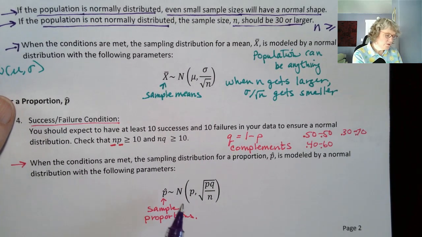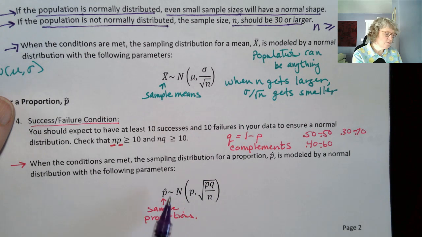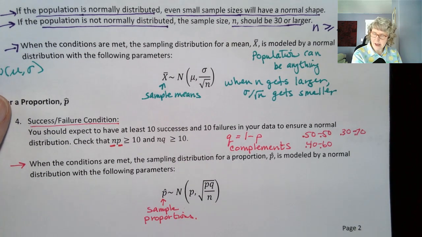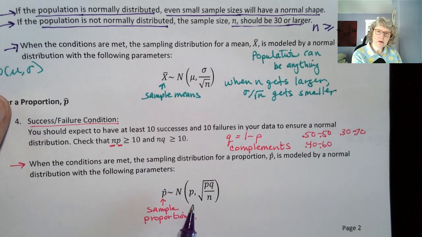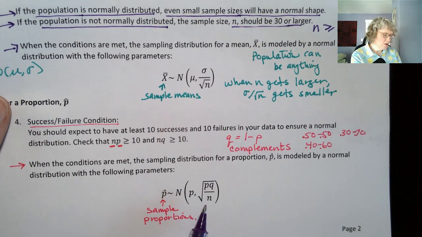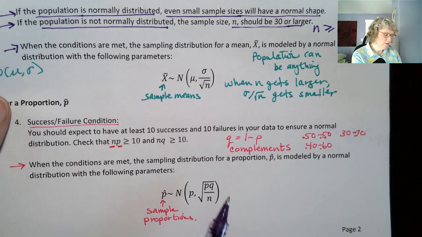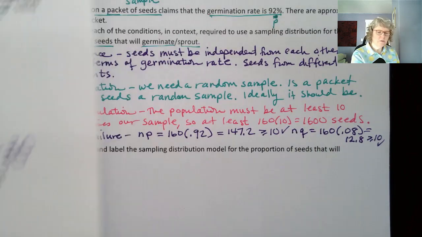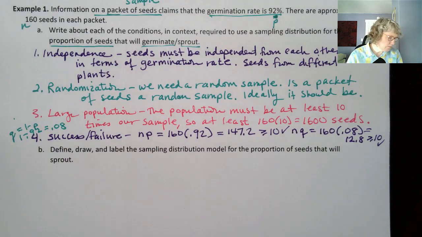Okay, so here's our actual model. P hat is distributed, so it's going to be the distribution of sample proportions. If these conditions are met, it follows a normal model with a mean of P and a standard error of square root PQ over N. Okay, so I'm going to define that. That's why this definition statement is so important, because we need to define what model we're using.